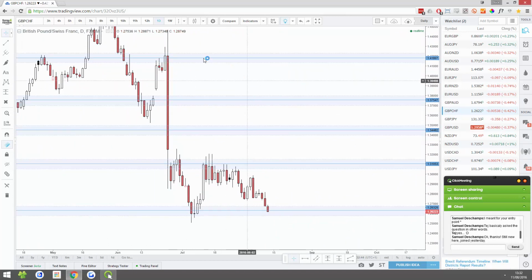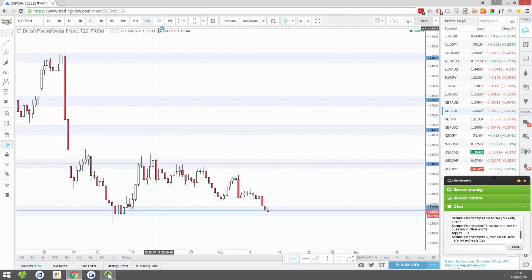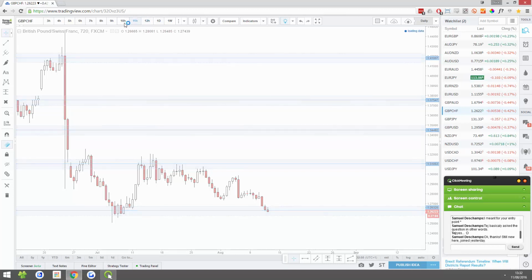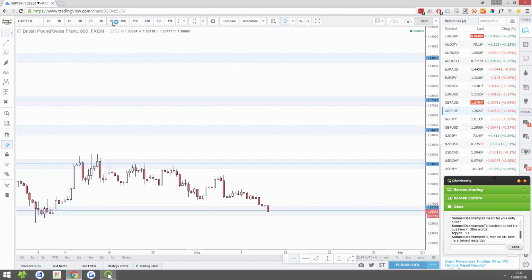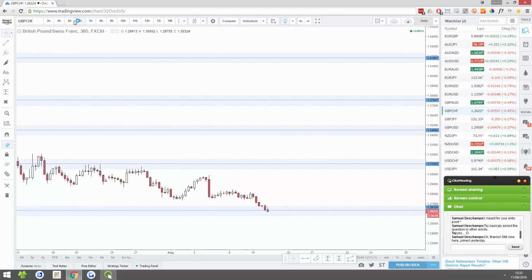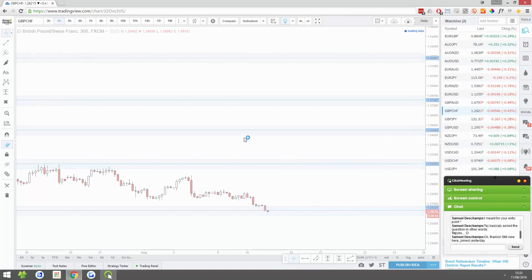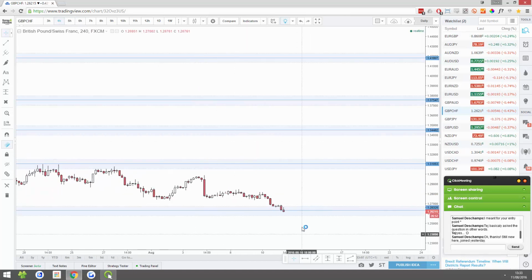Okay, so GBPCHF. It's sitting on a strong area of support. Let's look at it on the lower time frames and see if we're seeing signs of indecision. The daily obviously doesn't show any signs of indecision. The lower time frames are showing us that price is struggling in this area.